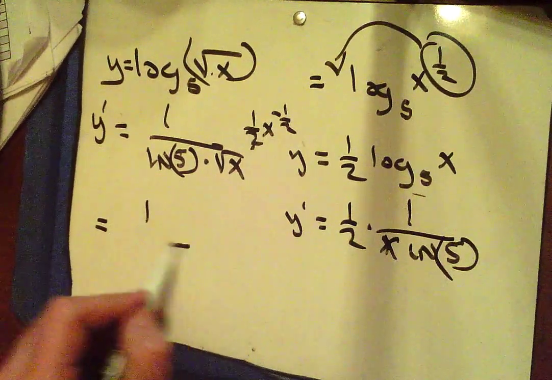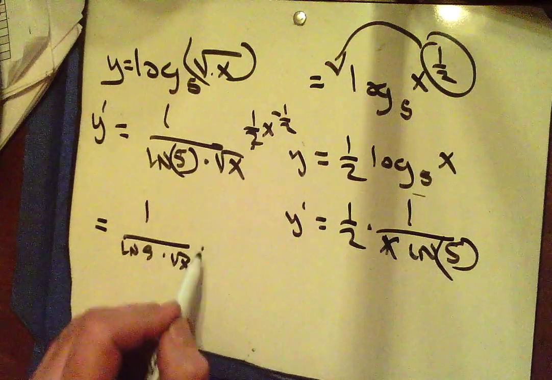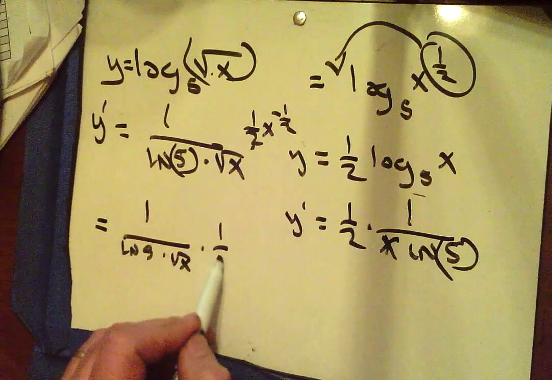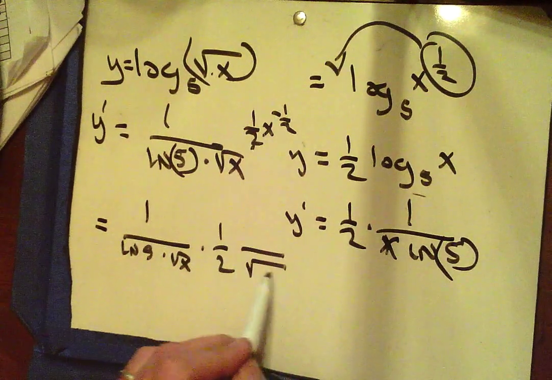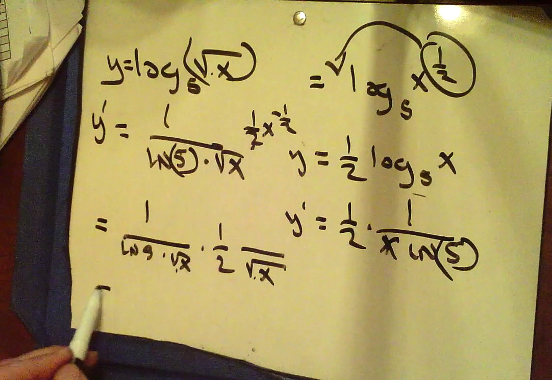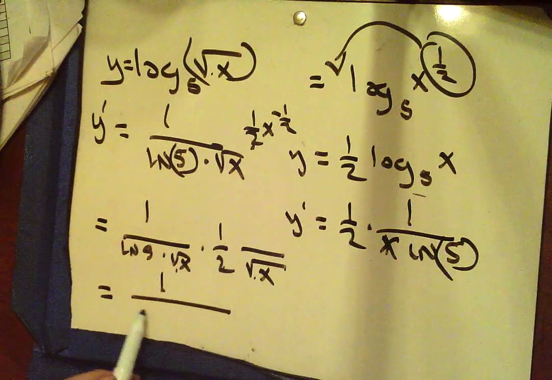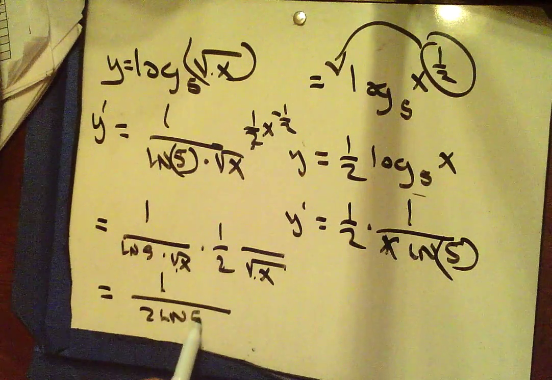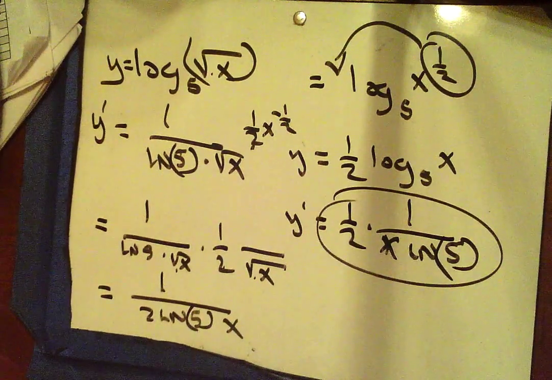This is going to be 1 over ln of 5 times square root of x times this thing, 1 over 2, and this is x to the minus 1/2, which is that. And so now square root of x times square root of x is, that's right, x. 1 over 2 ln of 5 times x. Same. Either way, works nice.